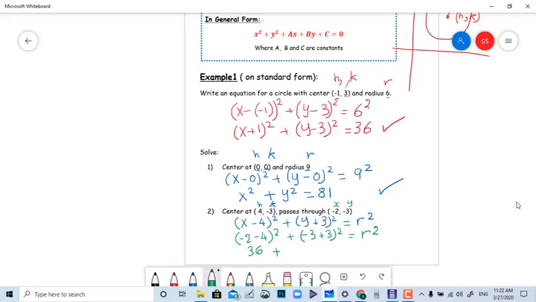So 0 squared is 0. Plus 0 equals r squared. Therefore, our r is the square root of 36, which is equal to 6.